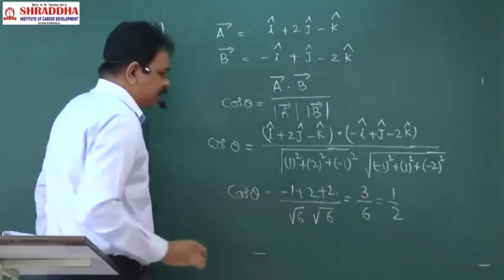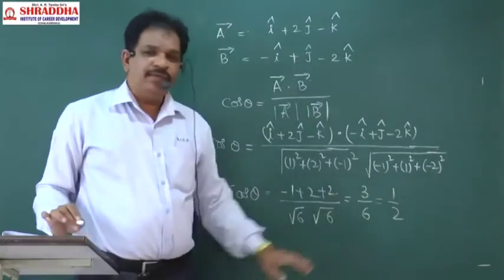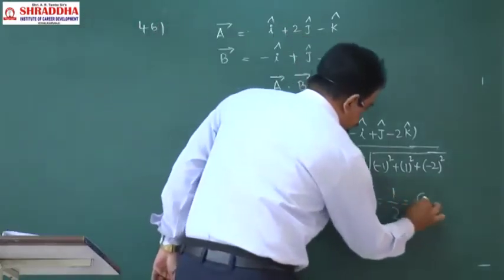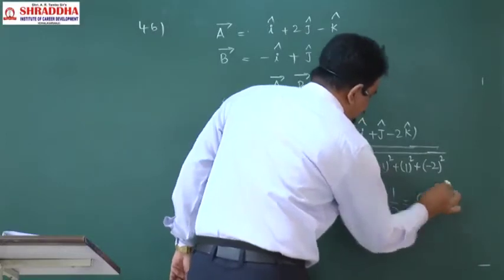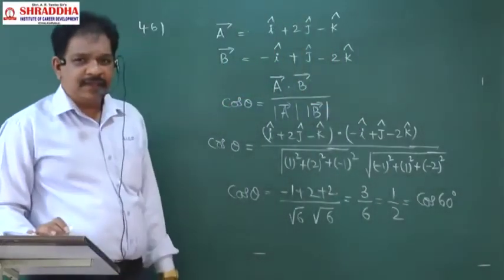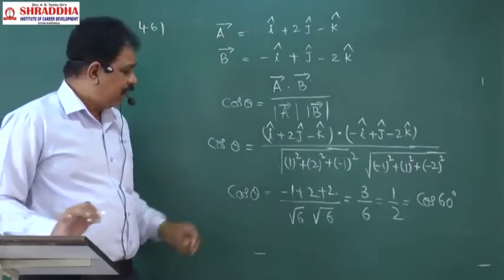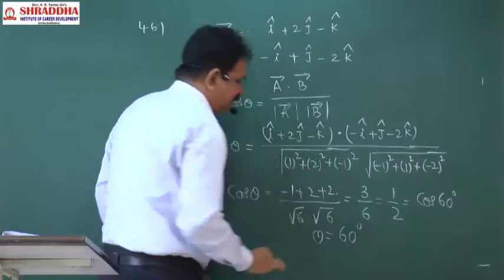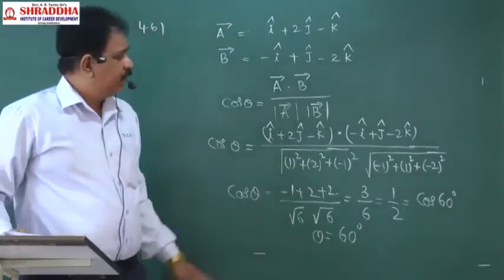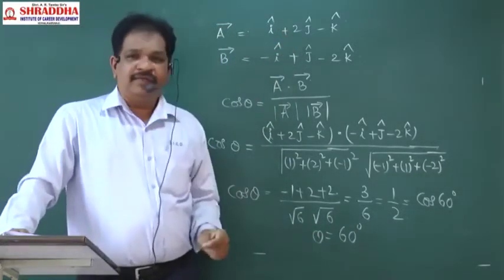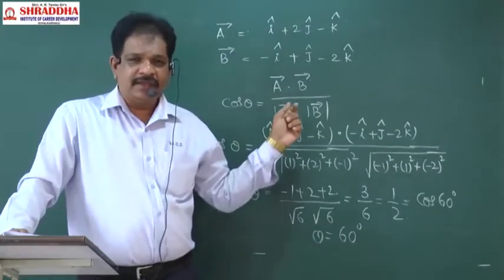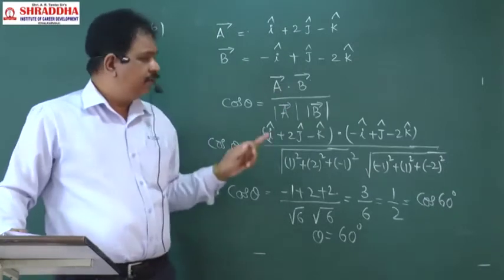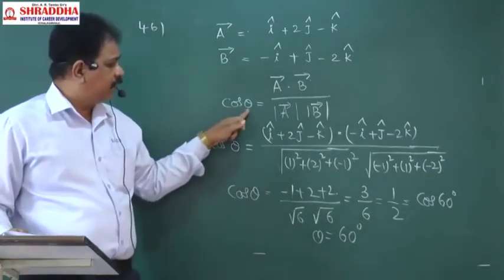So that 1 by 2 you express in terms of cos. This value is equal to cos 60. Clear? Then the theta value will be how much? That will be equal to 60 degrees. So two vectors are given, they are asking to find the angle between the two vectors.